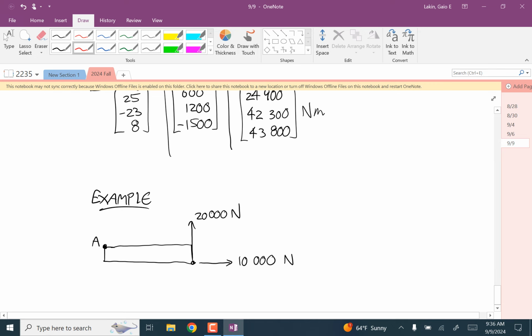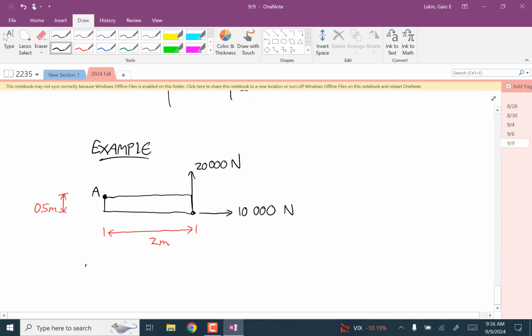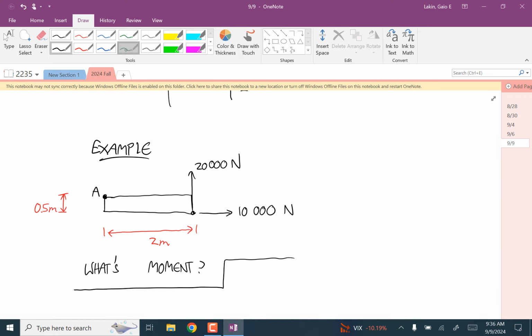And give some dimensions. Let's say this is 0.5 meters. And this is 2 meters. What's the moment produced by that force? And we'll use a standard coordinate system.